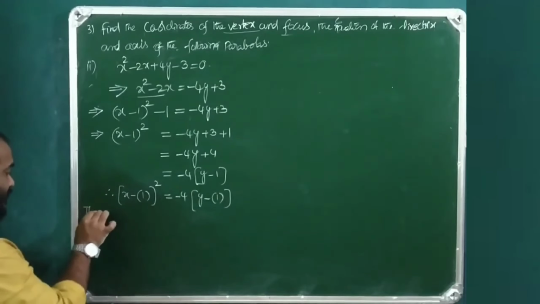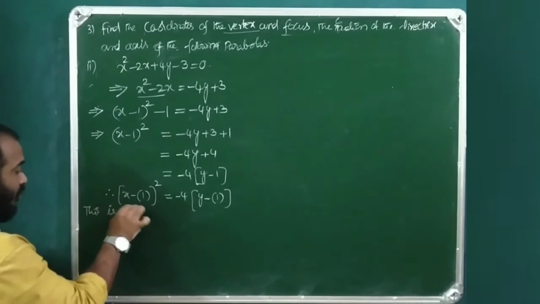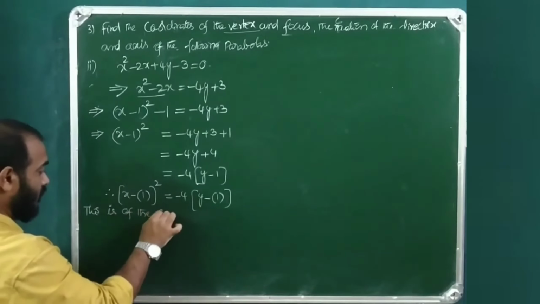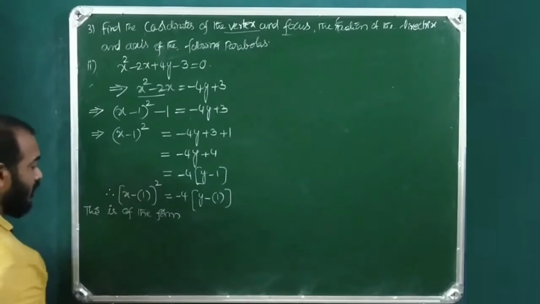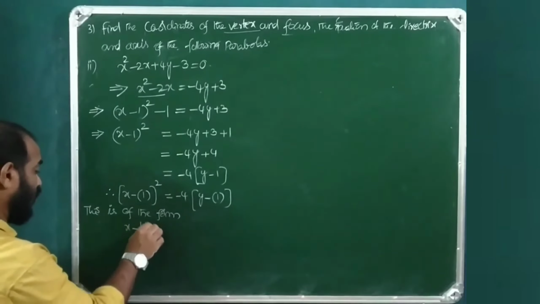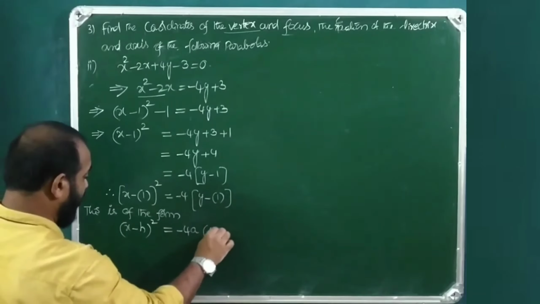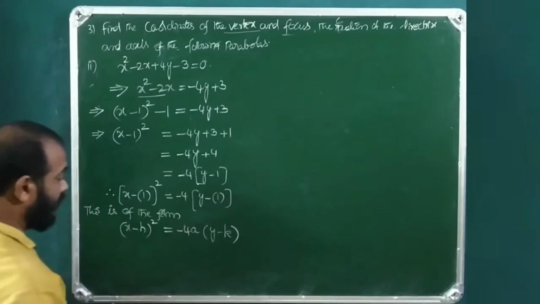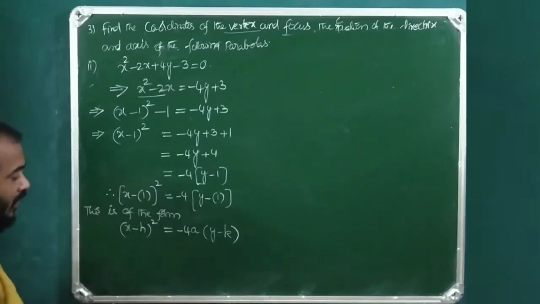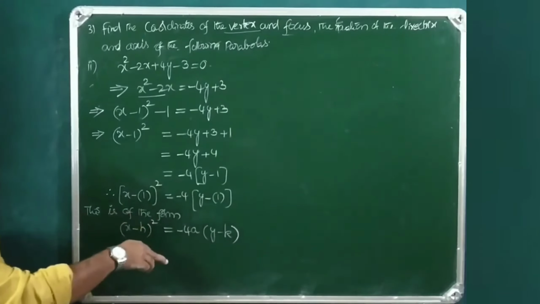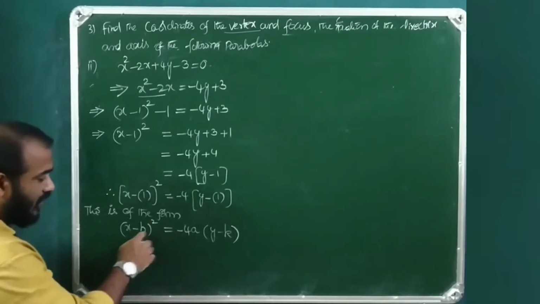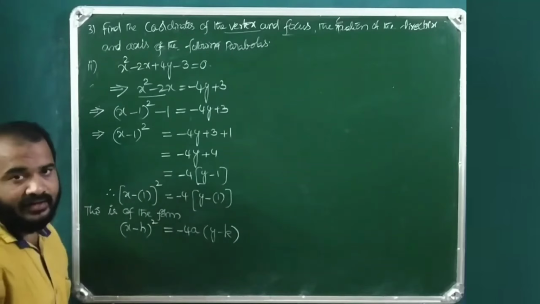So, this is of the form x minus h whole square equals minus 4a into y minus k. So, here this is the parabola not in its standard form, because here h comma k are additionally added.